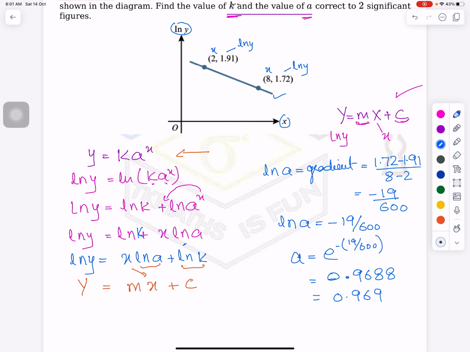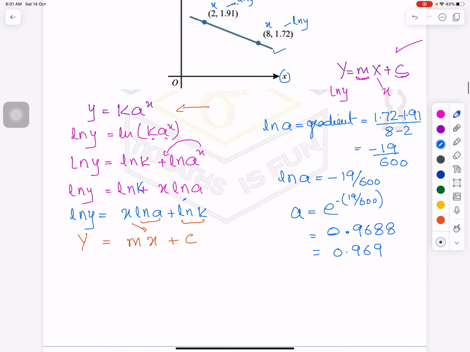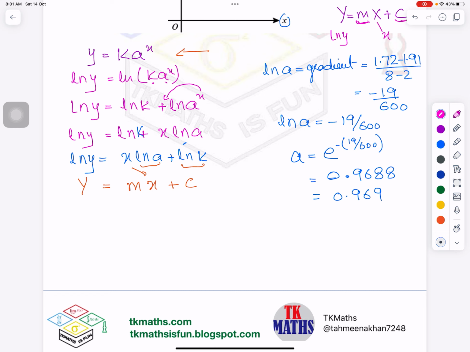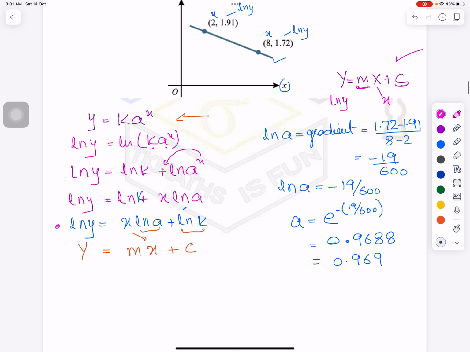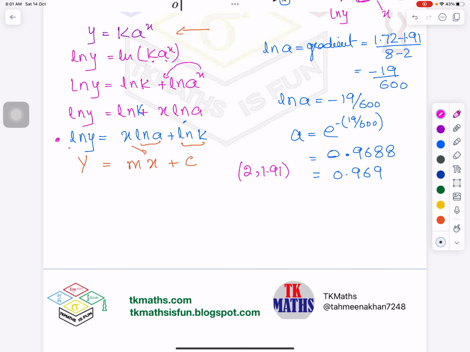Now I have to find the value of k. Okay, so let's take this equation again. And which point will I take? Suppose I'm taking 2, 1.91. The choice is yours. You can take the other point if you like. So I am taking 2, 1.91. Okay. So now in place of ln y, I will write 1.91.